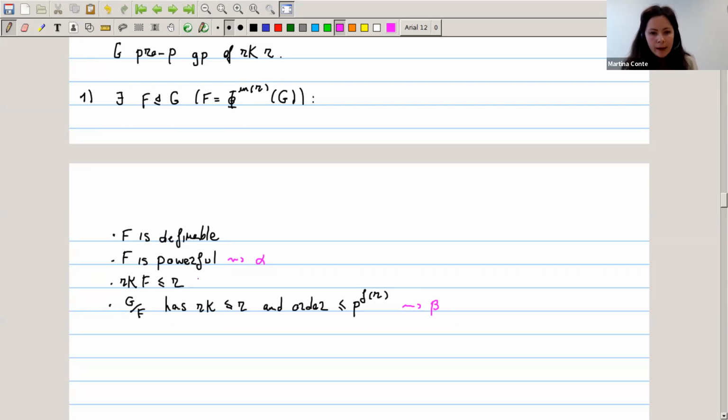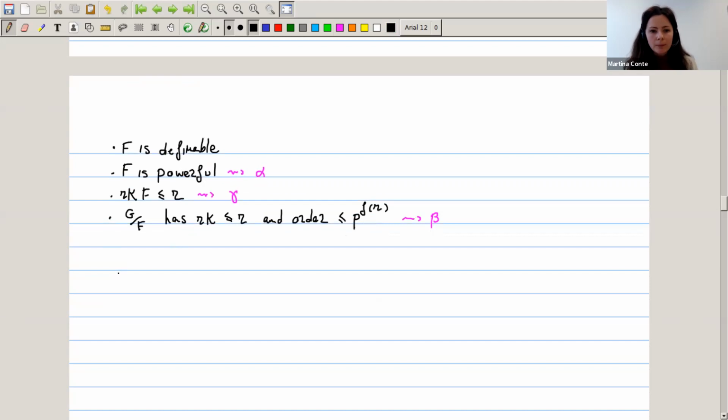Finally, we are left with rank of F bounded by R. Well, but this we can also do because for powerful pro-P groups, the rank is the same as the minimal number of generators. And there is a sentence already used in the Nies, Segal and Tent paper that allows to express the number of generators of a finitely generated pro-P group. So let's say that we find this sentence gamma.